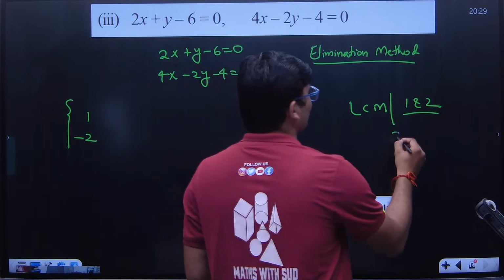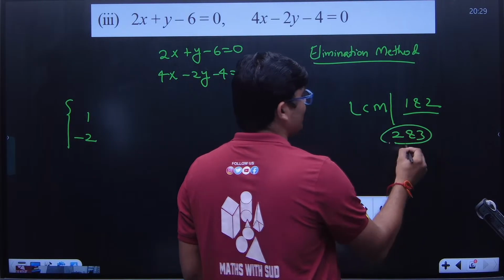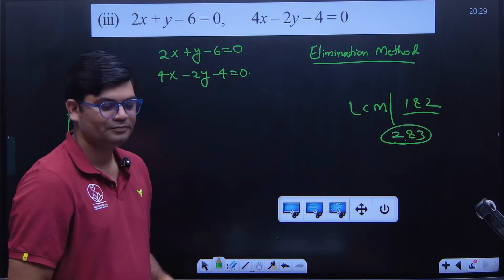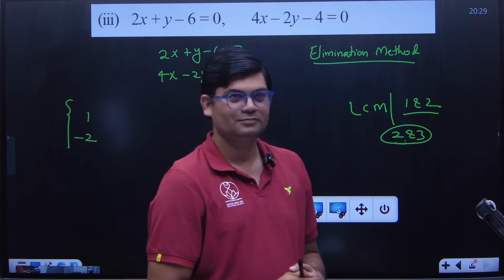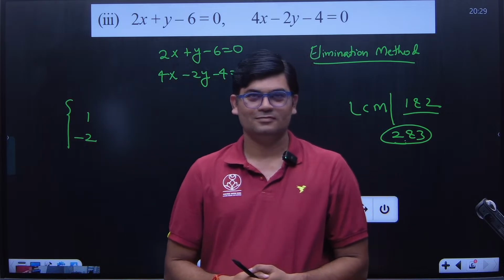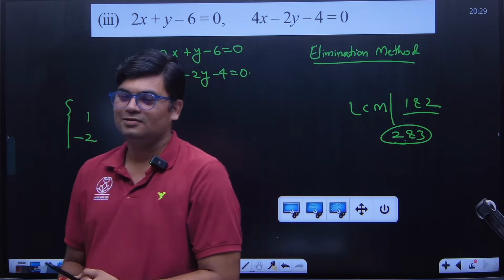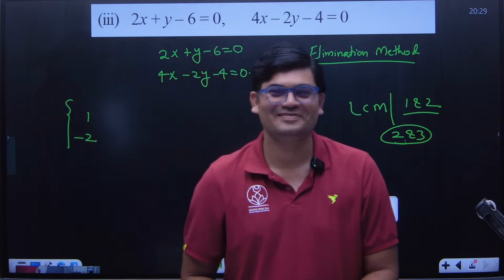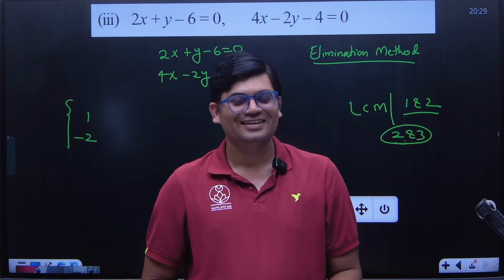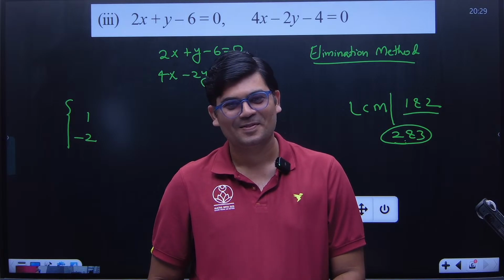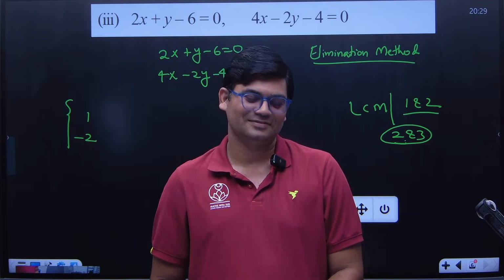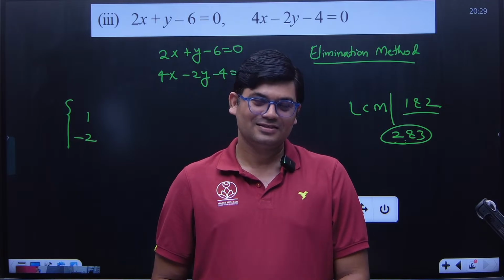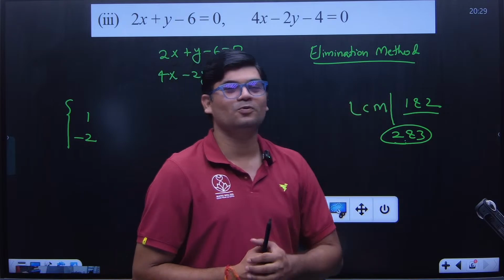Okay, tell me the LCM for 2 and 3. What could be the LCM for 2 and 3? You are repeating the question. I want the answer. Wait. 6. Okay, what is the LCM of 1 and 2?